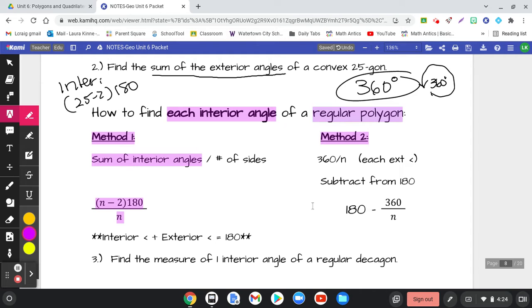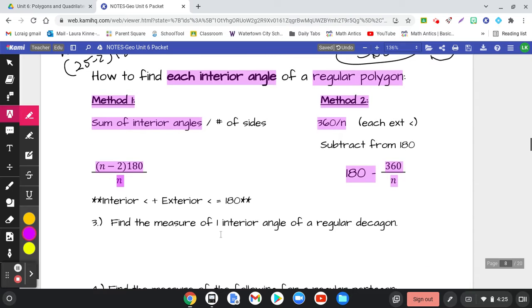The other way, which I like better, you know that no matter what the figure is, the exterior angles add up to 360. So if you just take 360 and divide by the number of sides, that'll tell you the exterior angle, and then you can subtract it from 180 to find the interior. Again, this is my favorite way to look at it, because the interior and exterior angles always add up to 180.